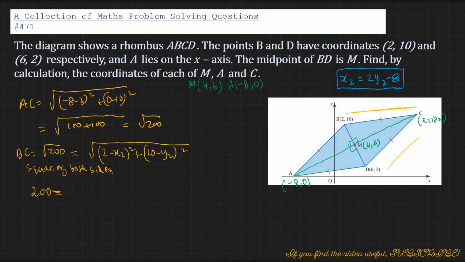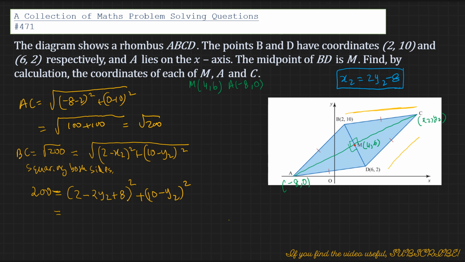So we can write 2 minus 2y2 plus 8 square plus 10 minus y2 square.